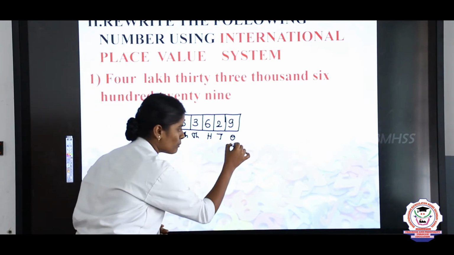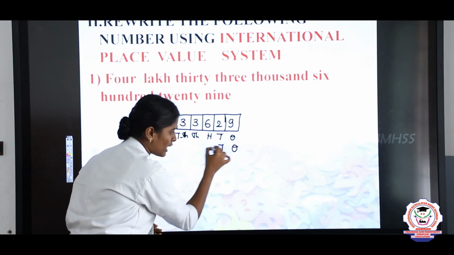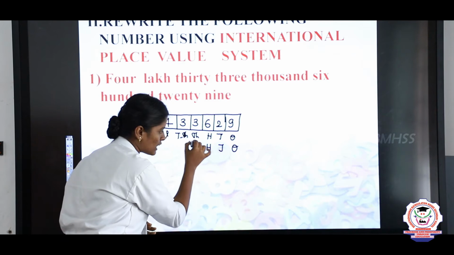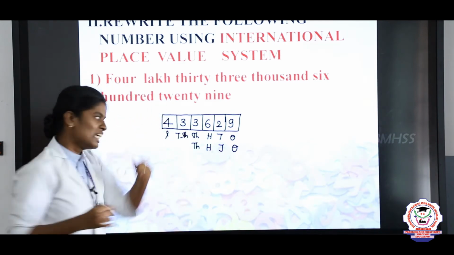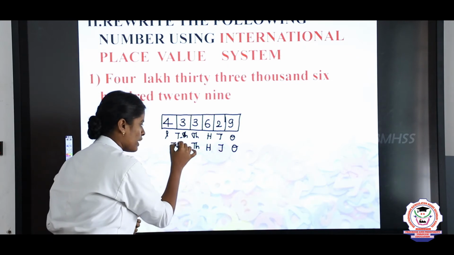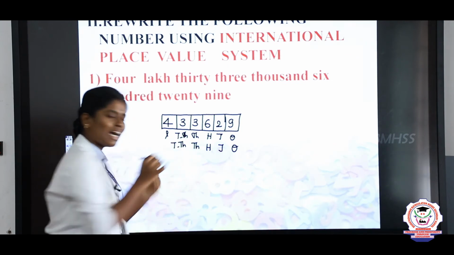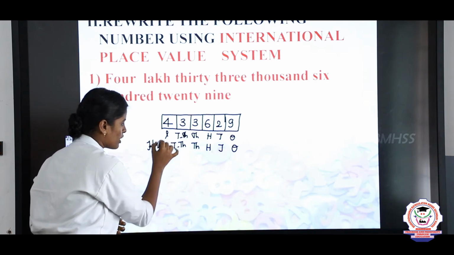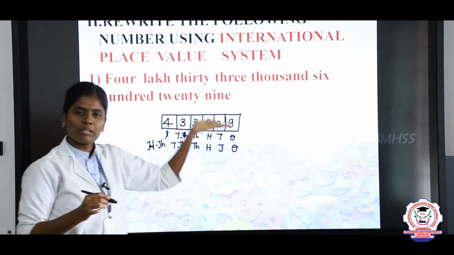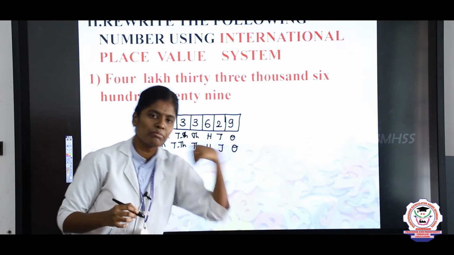Just write the place values: ones, tens, hundreds, thousand. What is the next place value in the international place value system? 10,000. In that lakh place we will write 100,000. Now you take the numbers and place values, then you will write the number name.